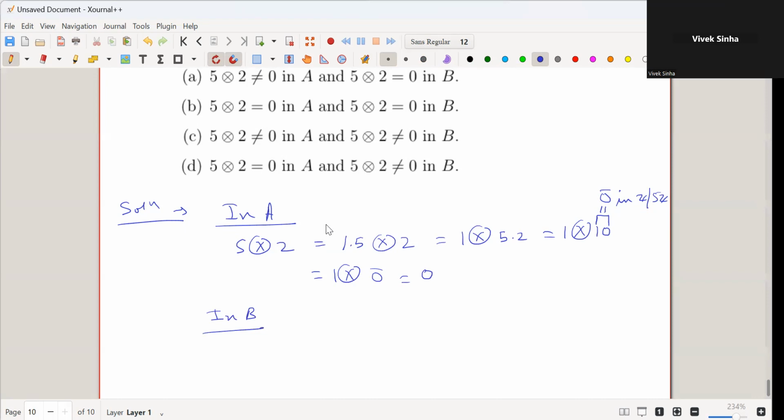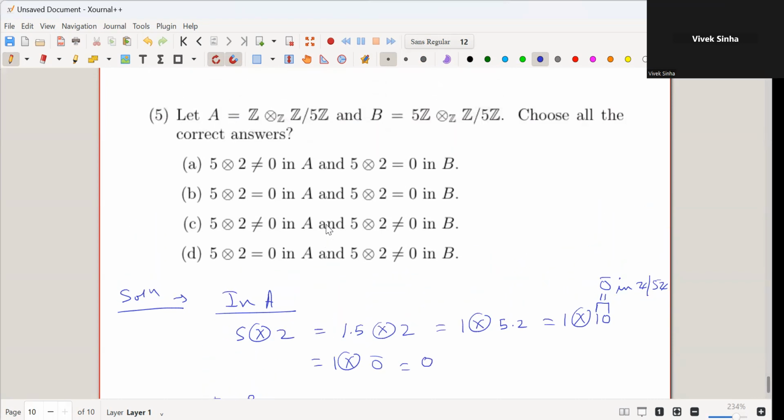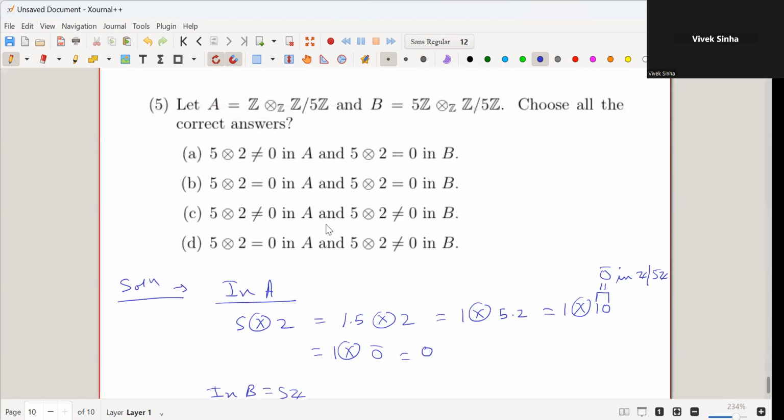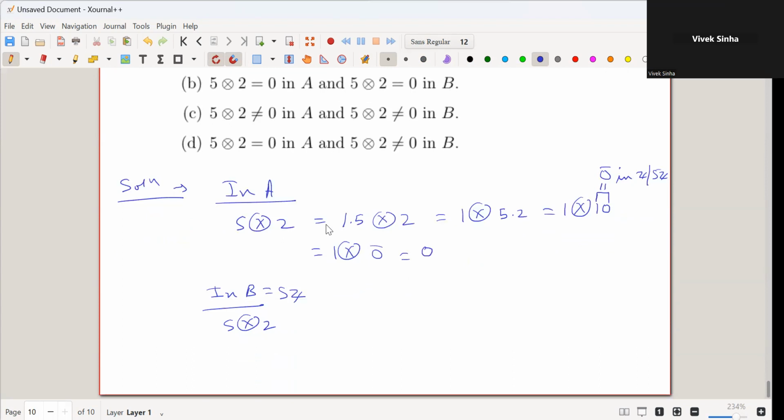In B, it's the 5 tensor 2. Now here, the domain is 5Z, so this is 5Z tensor Z modulo 5Z. Right. So here the element should be inside 5Z only.